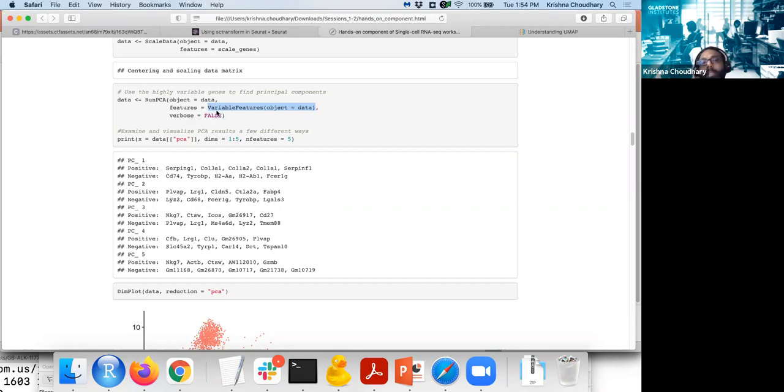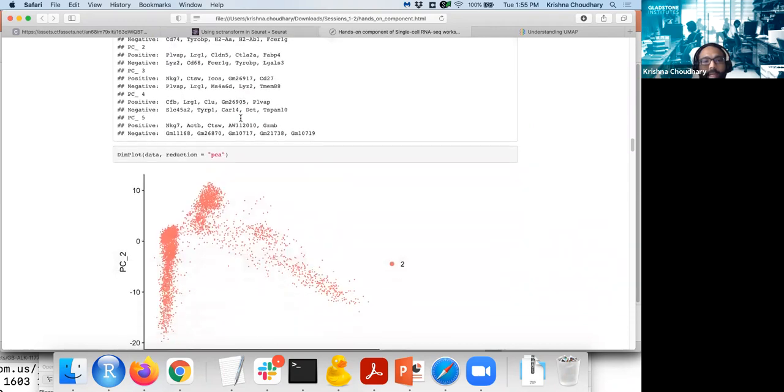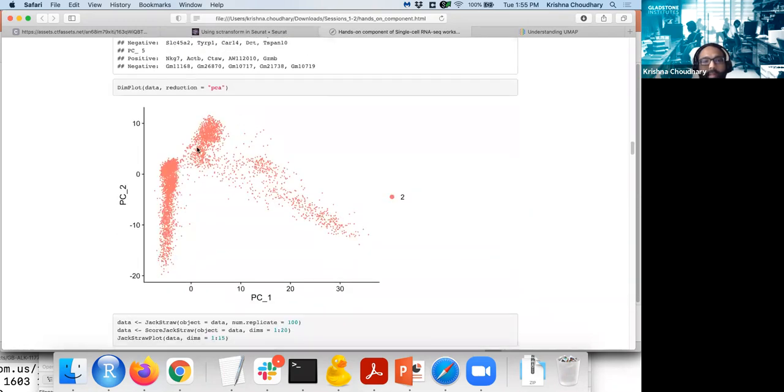So after this selection of features, we run this algorithm PCA, and it will identify those new directions. And here I have plotted how cells are in the top two principal component space.